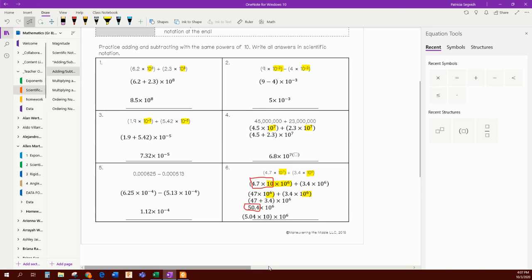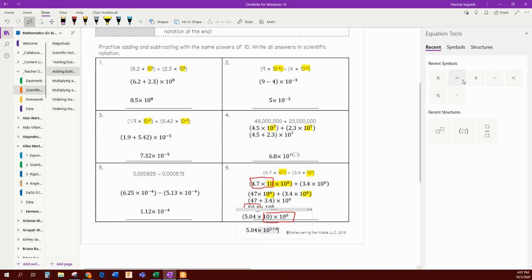Okay? So now I can combine these, and I will have 5.04 times our 10 to the 1 plus 6.